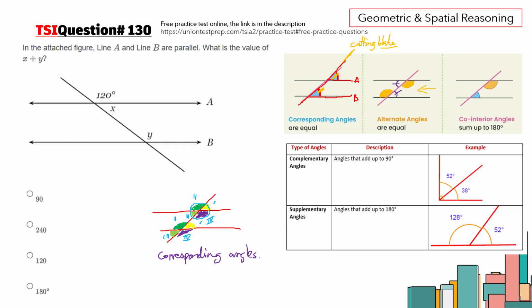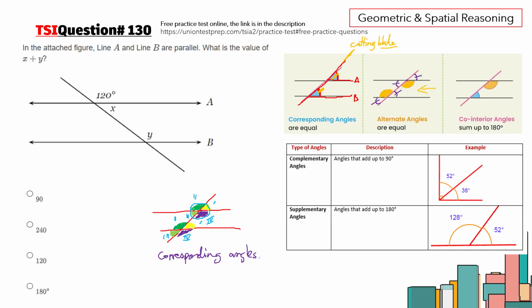And we learned about the vertical angle. The vertical angles are the opposites from the center right here. With two lines intersecting, you will have two angles in opposite directions that are the same. So that will be equal to this one as well.